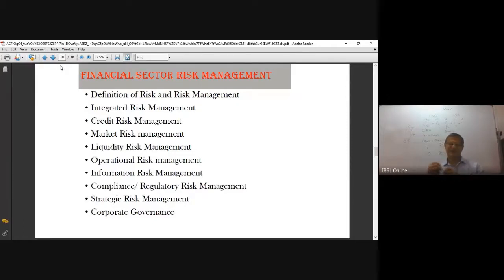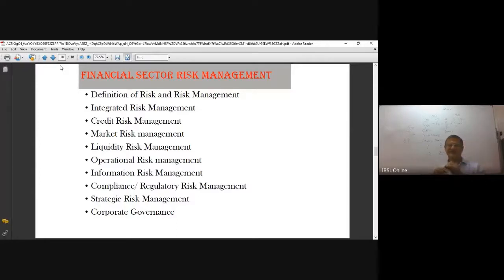Next week, we are going to talk about integrated risk management. I just explained to you the types of risk. We are not managing a single risk. We are managing a whole gamut of risk: credit risk, market risk, liquidity risk, operational risk, strategic risk, legal, various.